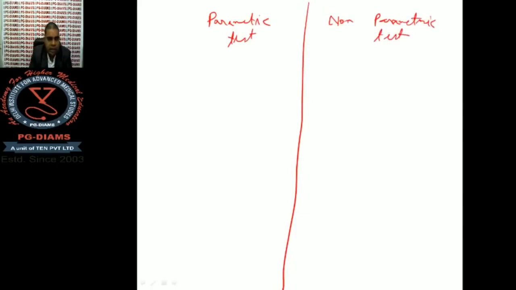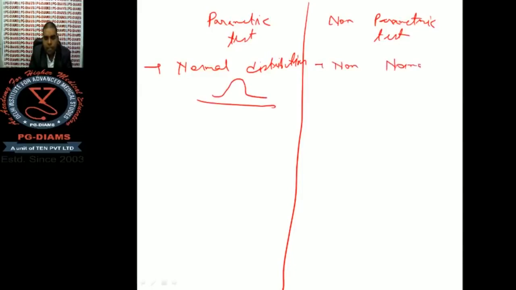One is, in parametric test, you have normal distribution. Okay? Normal distribution means distribution like this. In non-parametric test, you have non-normal distribution. Okay? Then the other point is, in parametric test, you make assumptions.